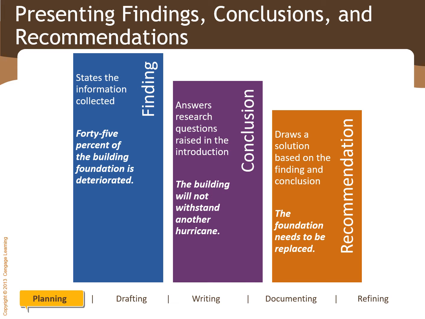So now we move on to the recommendation. So based on this result, based on this conclusion, what is the recommendation? What is the decision that needs to be made? What are you suggesting to the people who have the power, who have the authority to make this decision? You are drawing their attention to a solution to the problem based on the finding and the conclusion.